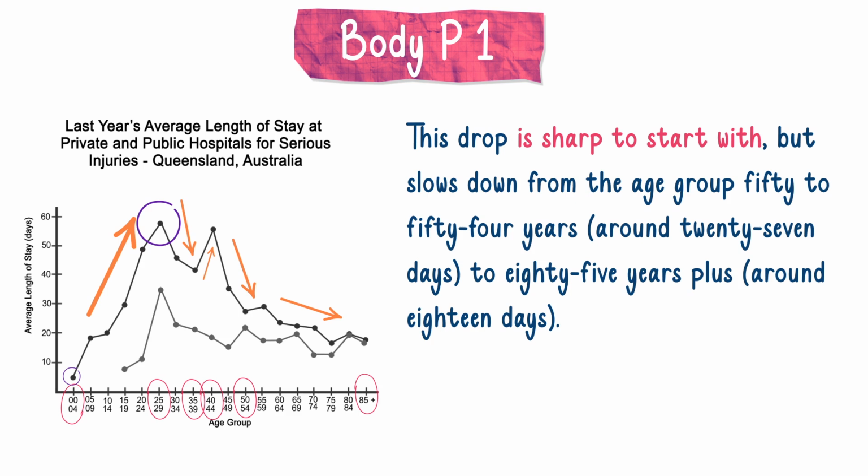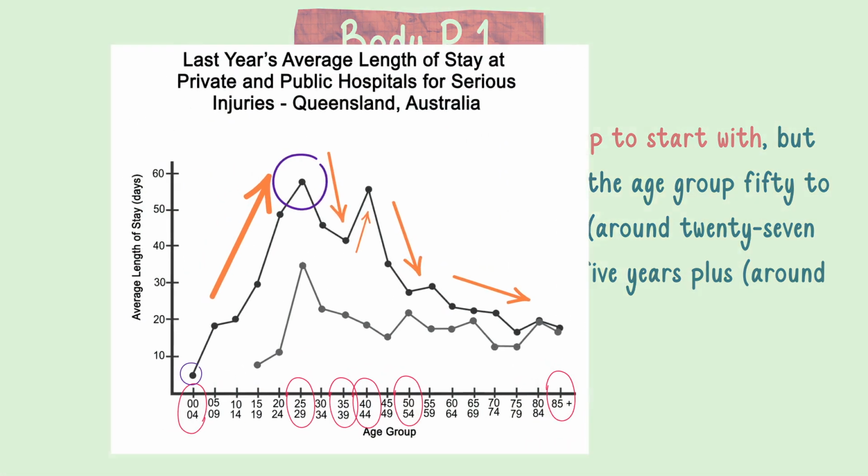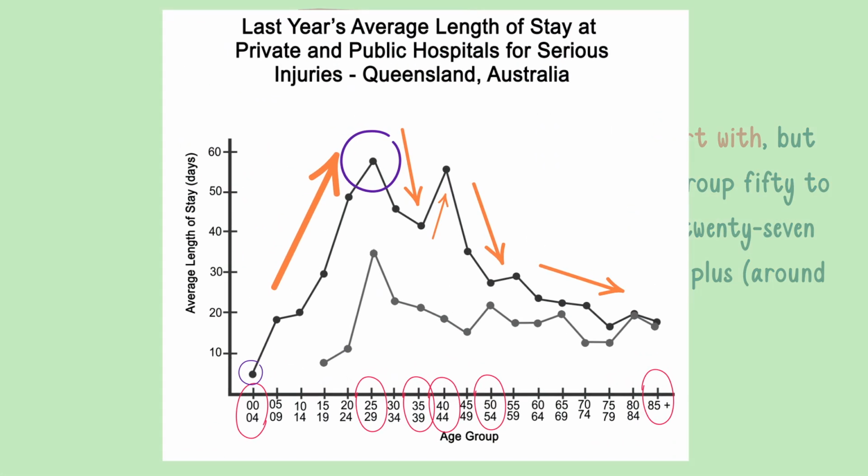So as you can see, I do not write about all age groups here. I just have to mention the beginning, what is the number for the beginning, and the highest or the lowest points, and the last point or the last age group, right? So you do not have to write about all data here. That's not necessary, really.